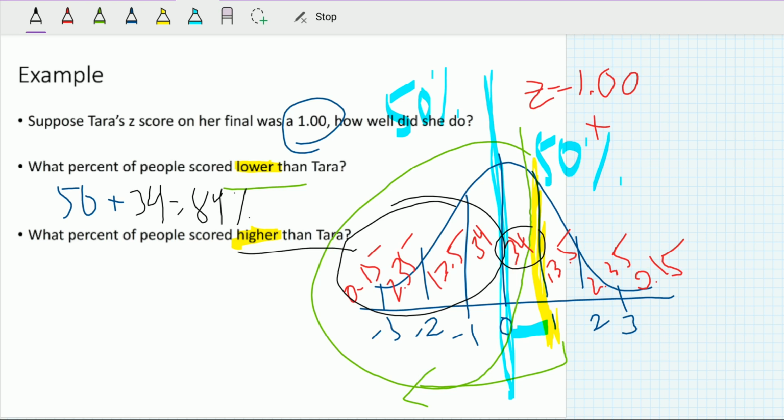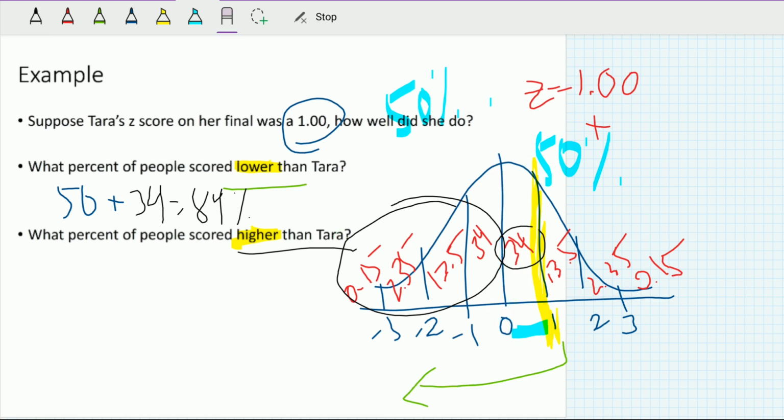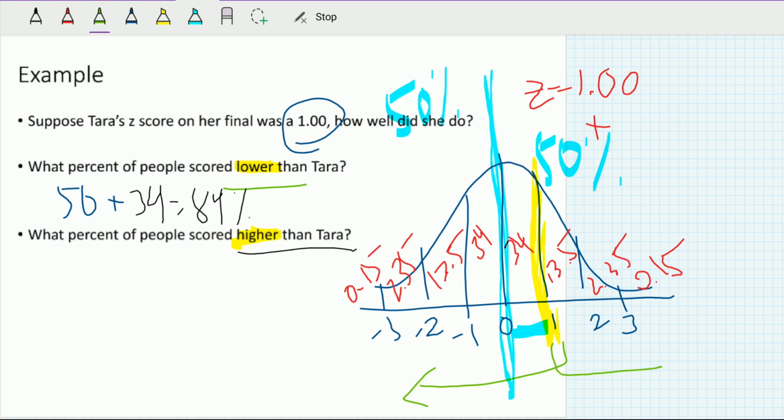You can do this two different ways. Higher means you score to the right of it. Let me get rid of some of this here. If we're talking about scored higher, let me erase that one because it's bugging me. Okay, there you go. So higher than Tara means we're going with this side over here on the right, so we'd be adding these three numbers if you want to.